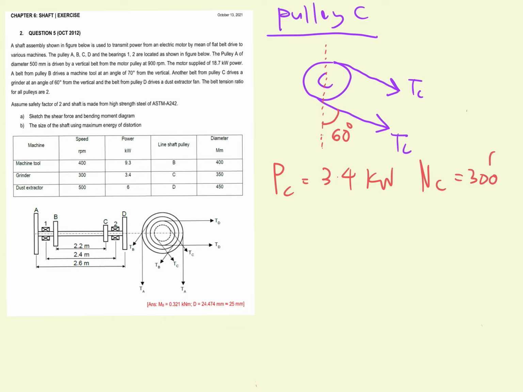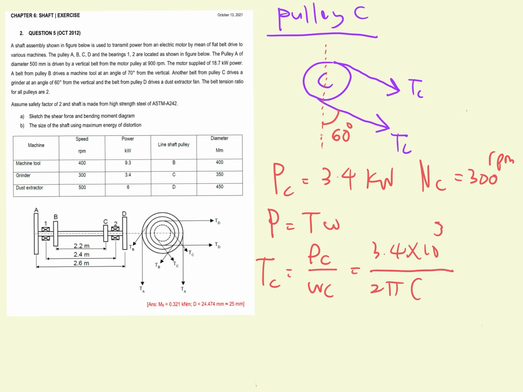Power is equal to torque times omega, so we arrange back: TC is equal to the power at pulley C divided by the speed of pulley C. So 3.4 times 10 to the power of 3, divided by 2 times pi times 300 divided by 60 to change into seconds. We get the torque at pulley C of around 108.225 Newton meter.